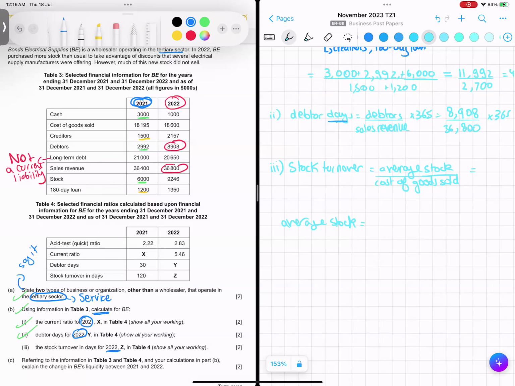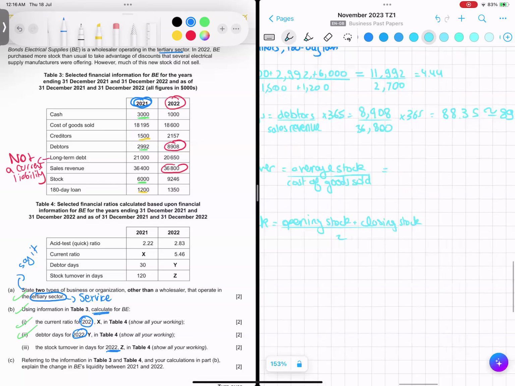So it's basically the opening stock plus the closing stock divided by 2. So the opening stock in this case is 6,000, and now I'll explain why.